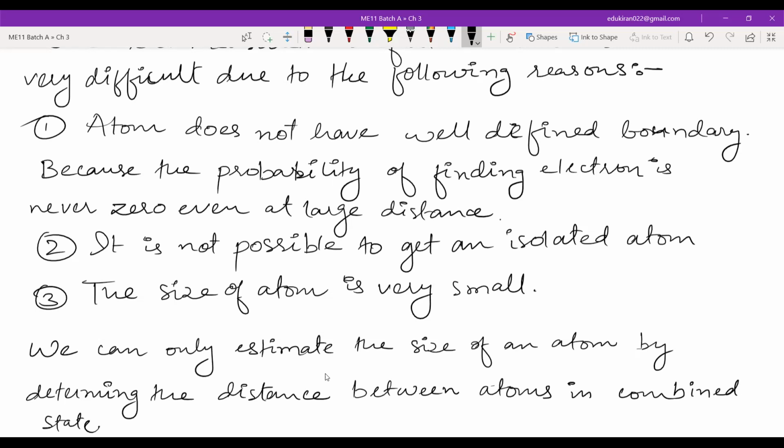That means in molecular form. Now, please write this. Let me know if you're done. After that, we will look into the measurements.